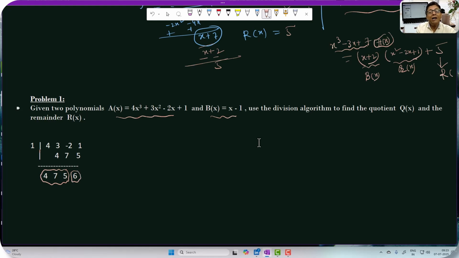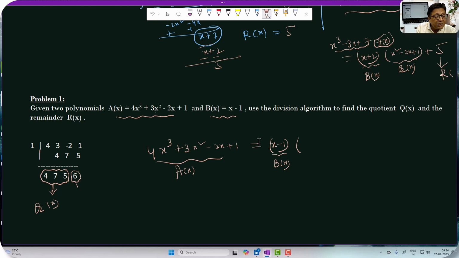So if you divide this polynomial by this, that 4x cubed plus 3x squared minus 2x plus 1, then this is going to be x minus 1. This whole thing is fx. This part is bx, what we are dividing with. Then this part will be qx always. And this is the rx. Okay. So you write.